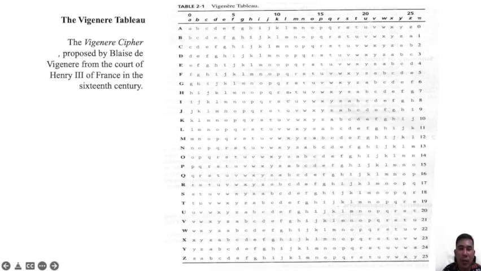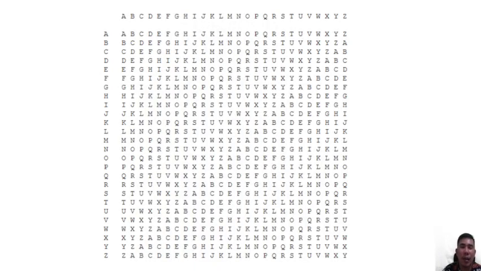I will be showing you another Vigenere tableau, which is a little bit more visually clear. So we have here the first row, which is simply a shift of zero in Caesar cipher.